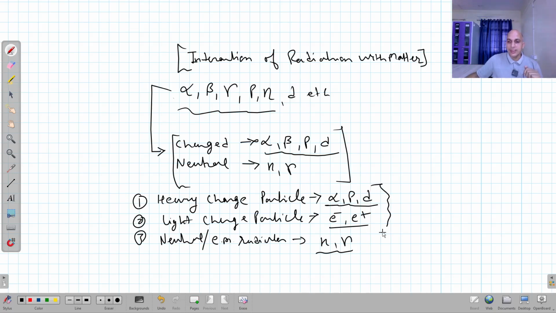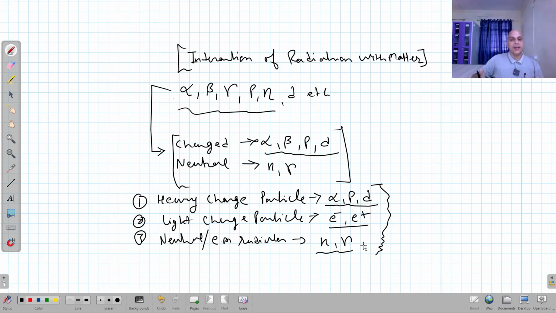So why are we doing this classification while studying the interaction of radiation with matter? It is very important because the interaction of these particles depends upon the behavior of the particle. First of all, we should know what the particle is, what its mass is, what its velocity is, because the interaction depends upon the interaction time, and the interaction time depends upon the speed of the particle.